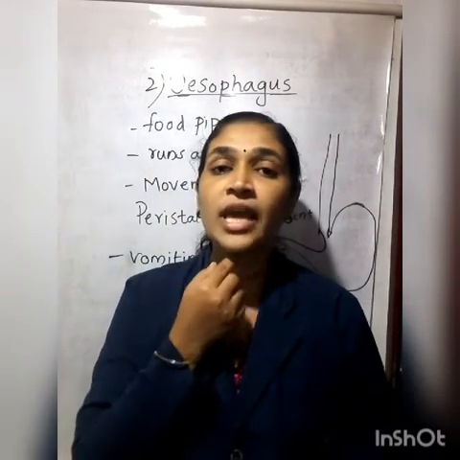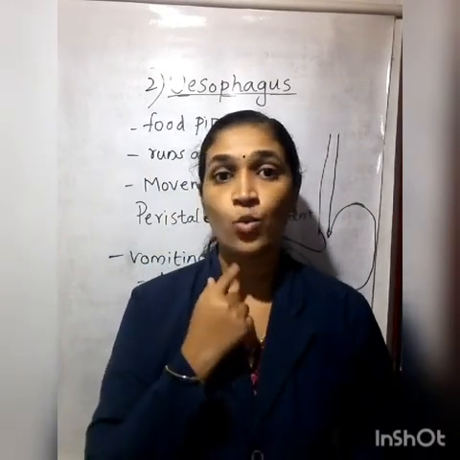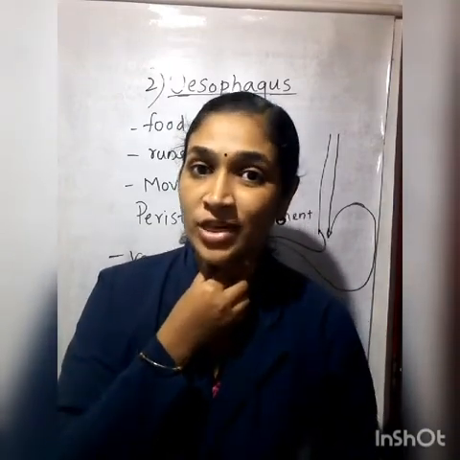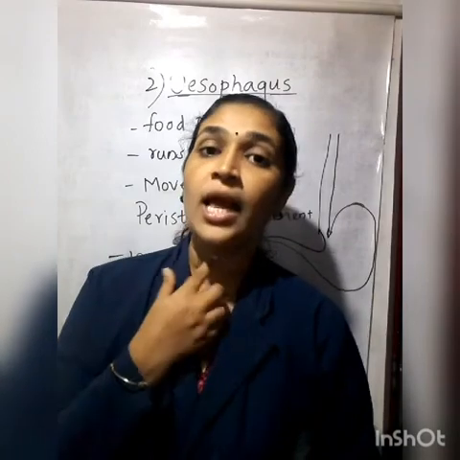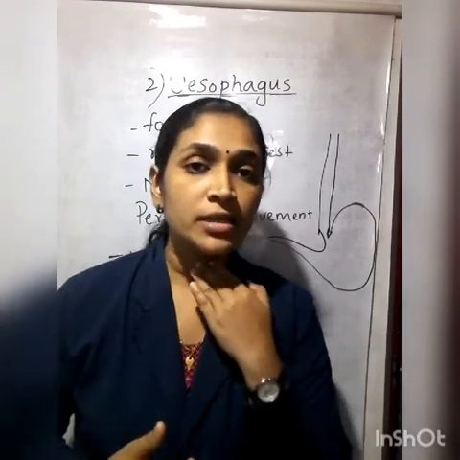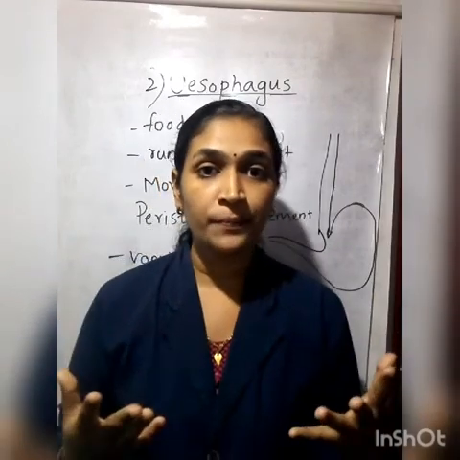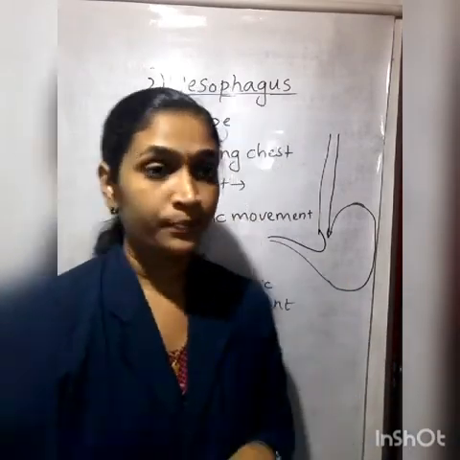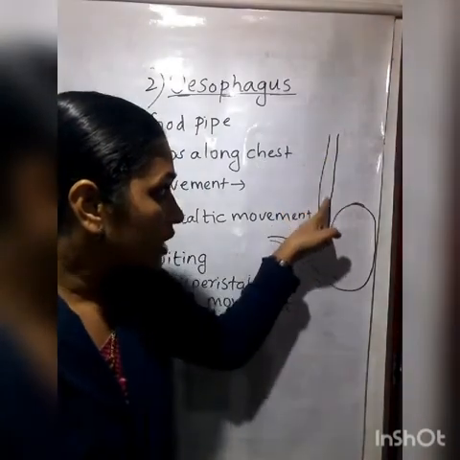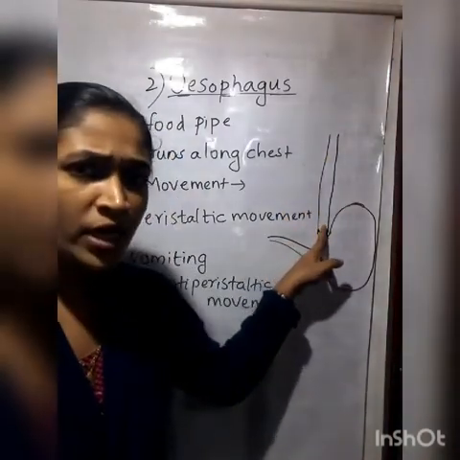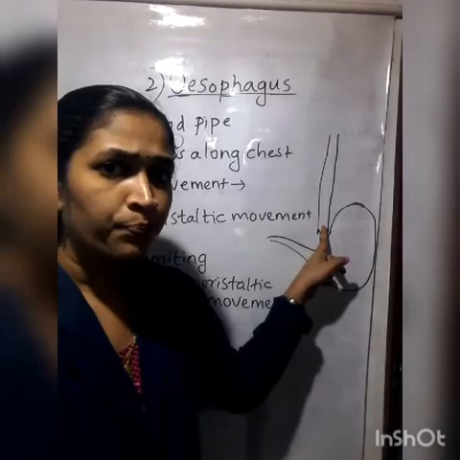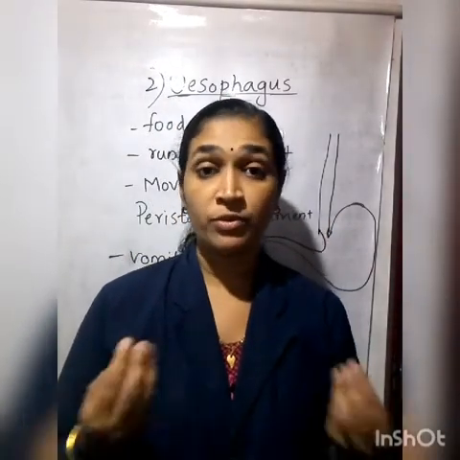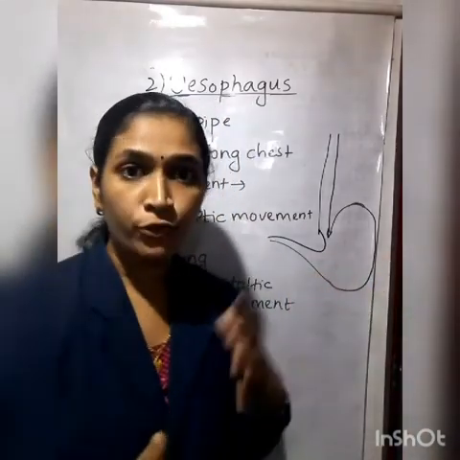When the food enters the esophagus, the pipe-like structure starting from the buccal cavity, what will happen? There is a wave-like movement. The food gets passed through this esophagus. How does it get passed? We are not only having soft food, we are having some hard food also, isn't it?